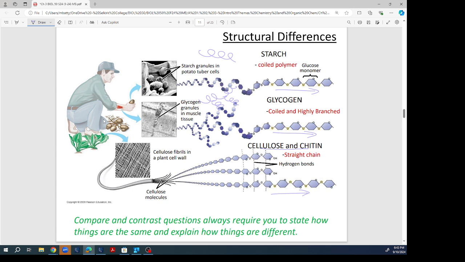They're harder to digest, which is why the cellulose is fiber in our diets, right? Because we don't digest that. And the reason for that is that they're these straight chain polymers, and they're actually fortified by a secondary bond. And so that makes them harder to break down, and that's why when you eat that structural polysaccharide, you don't break it down.